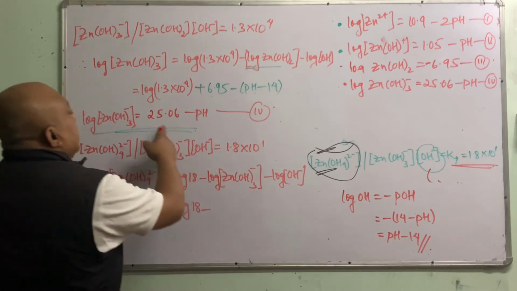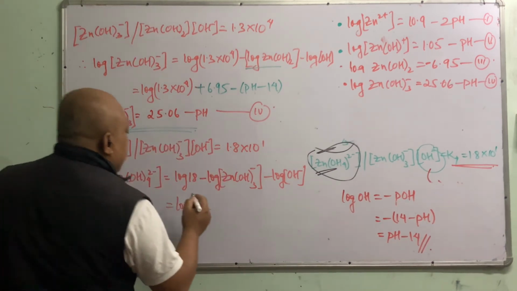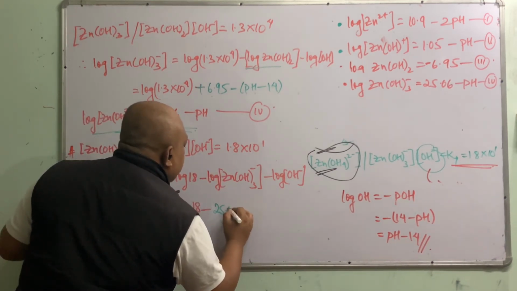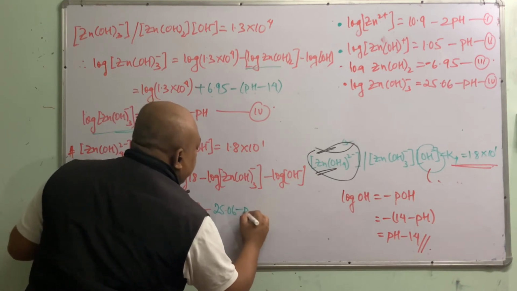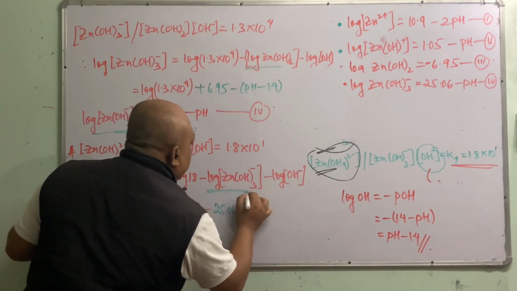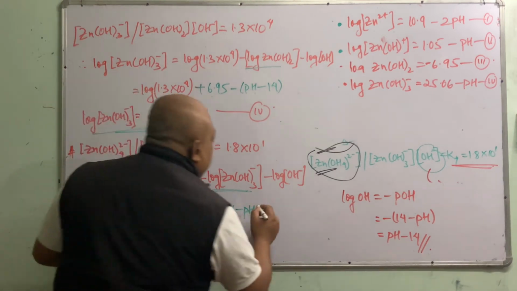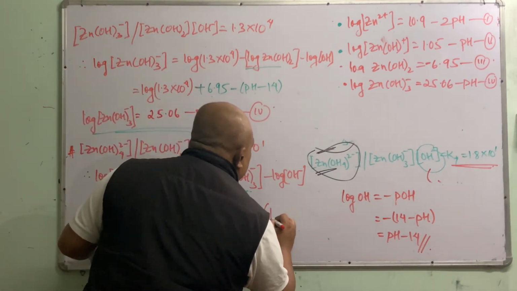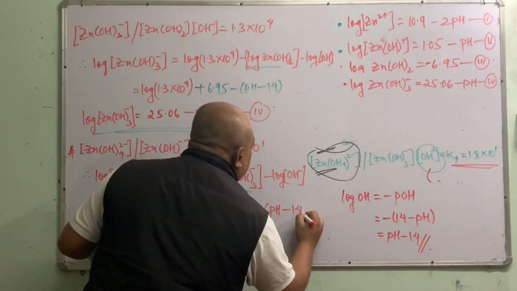Log of 18, log of ZnOH3 is this part, 25.06 minus pH from this part, and minus log of OH, pH minus 14.